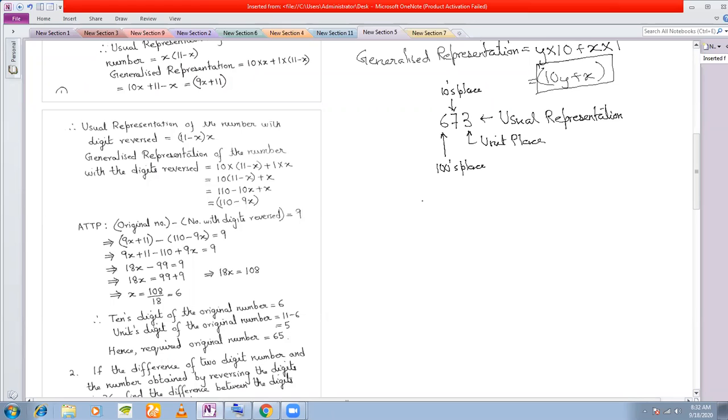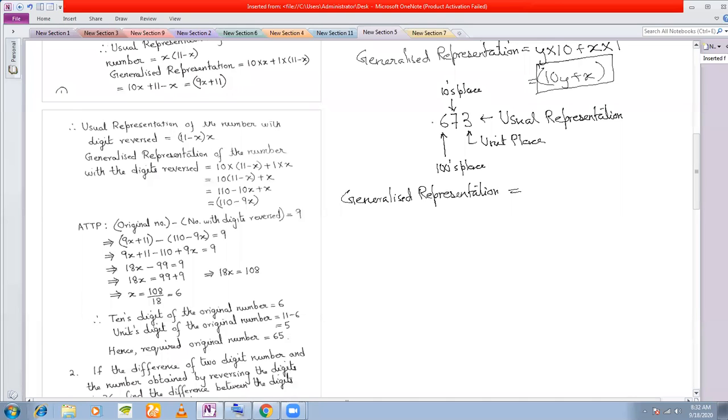So how will I represent 673 in the generalized representation?